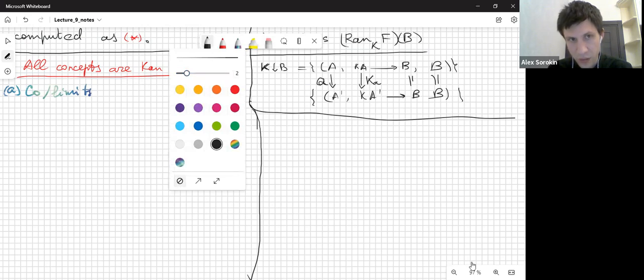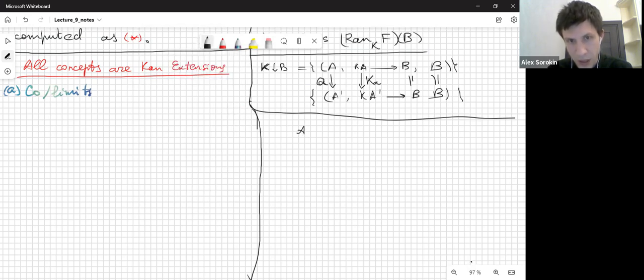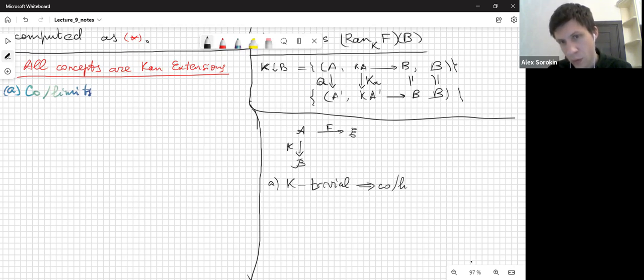Again, A, E, B, F, K. So in the case when K is trivial, we'll have colimits. What does trivial mean? K is a functor from A to the terminal category 0.